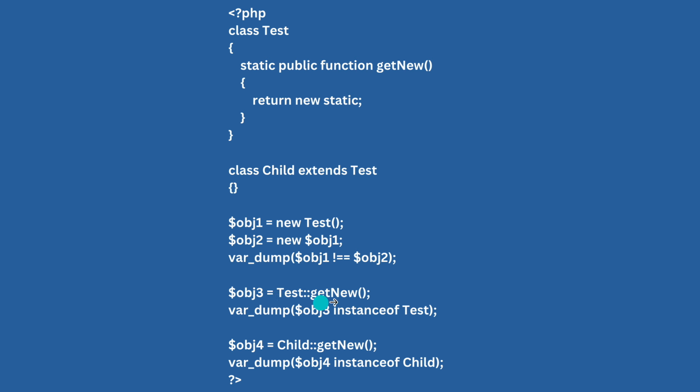Now, properties and methods. We already know that this one is the property, and this is the method. And how can I create an object? Using new and the class name. And how can I access this property? The object name, whatever object I created, with this arrow, and then whatever I want to access.